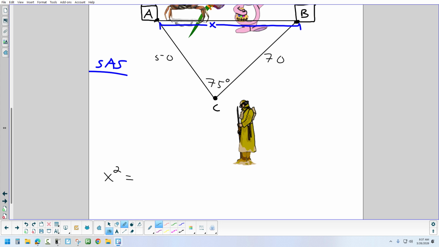Now, using the pattern in the law of cosines, what would go on the right side? 50 squared plus 70 squared, minus 2 times 50 times 70, times the cosine of the angle across from the side that we're trying to find, which is 75.